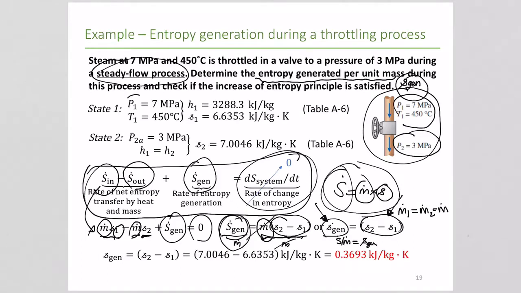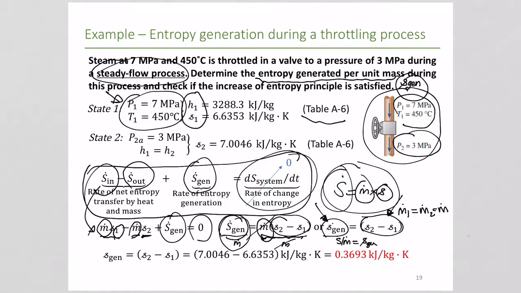Because the pressure and temperature are given to me, and since the problem tells us it's steam, you can look at the steam tables, or you can first look at the saturation tables to show that it's actually a superheated vapor. Then look at table A6 and read the enthalpy and entropy values under these conditions.